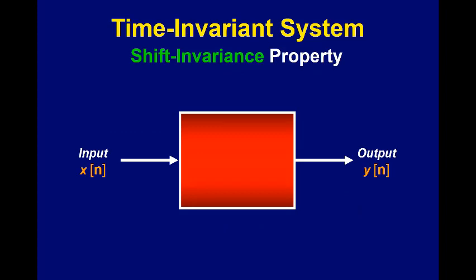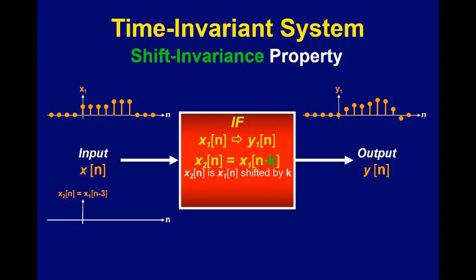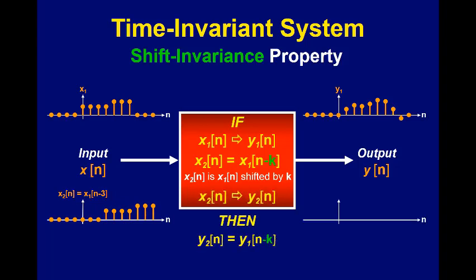Okay, that's the number one big thing we need, linearity. Time invariance is the other, which, since we don't have time anymore but samples, we call shift invariance. But it's conceptually the same as time invariance. If I put a signal x1 in and get out a y1, and I put in another signal that happens to be just x1 delayed by a couple of samples, what better come out is y1 delayed by exactly the same amount.